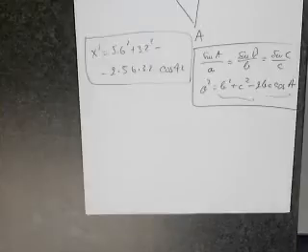5.6 squared plus 3.2 squared minus 2 times 5.6 times 3.2 times cosine 42. If my calculator is not in degrees, I'll mess up completely. So I'm going to look in mode.